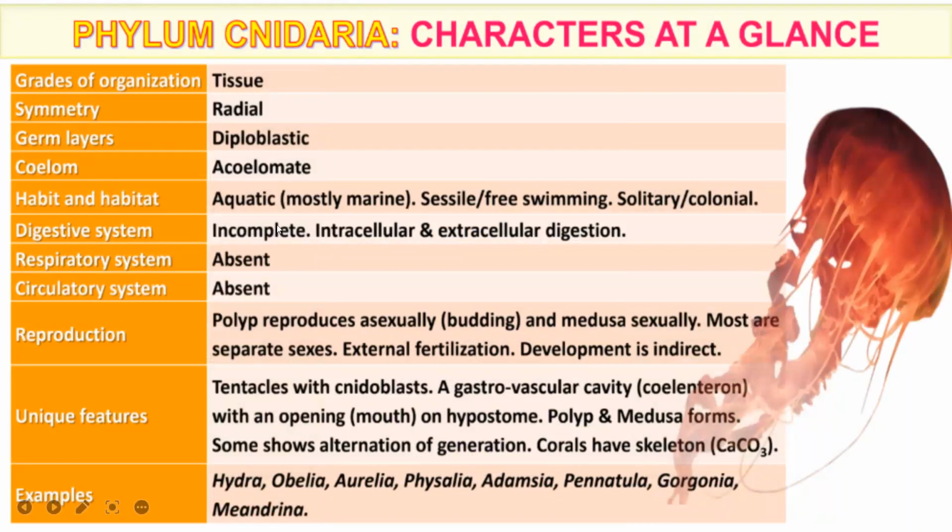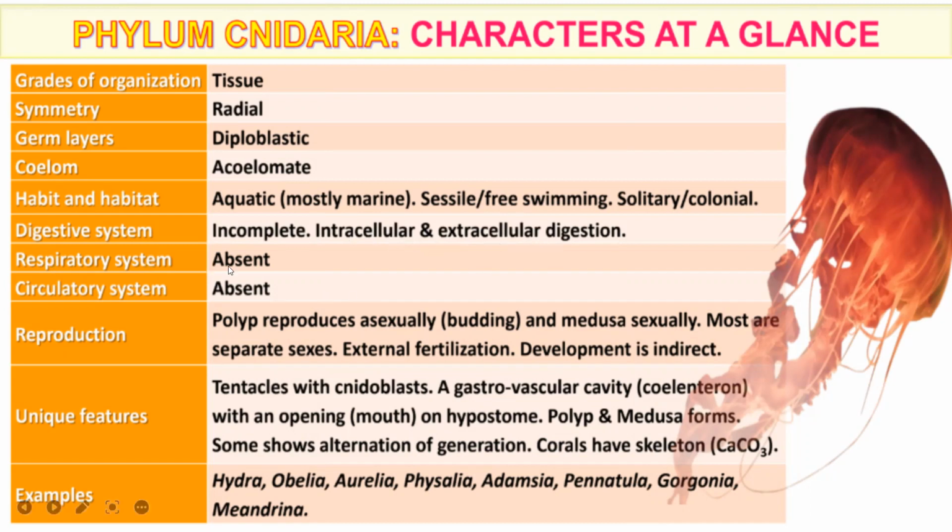Digestive system is incomplete because it has only one opening, not two. It is intracellular or extracellular digestion. Intra means inside the cell, extracellular means outside the cell. The cells release the digestive enzyme outside, the enzyme digests the food, and then the digested food is taken by the cell.